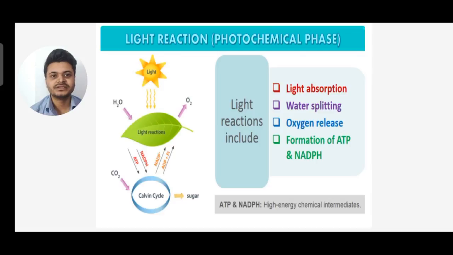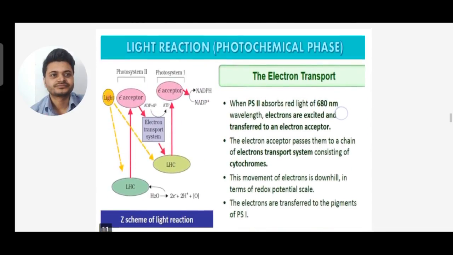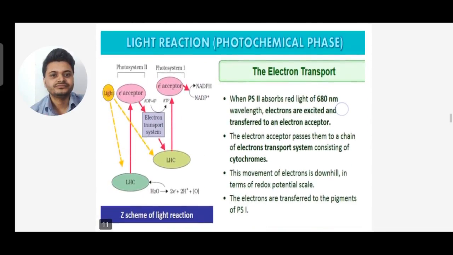You can see here in the leaf, water and sunlight are absorbed. You can see the Z scheme. PS2 is a non-cyclic photosystem; PS1 and PS2 both are involved here.